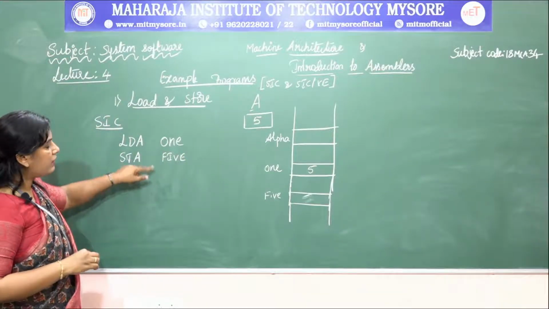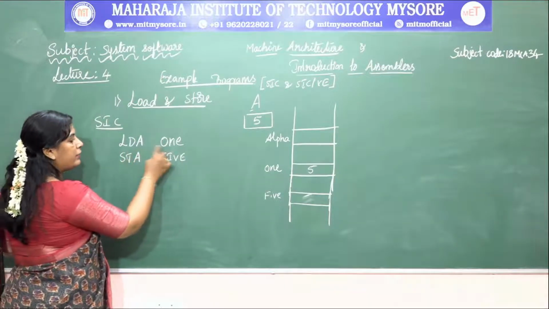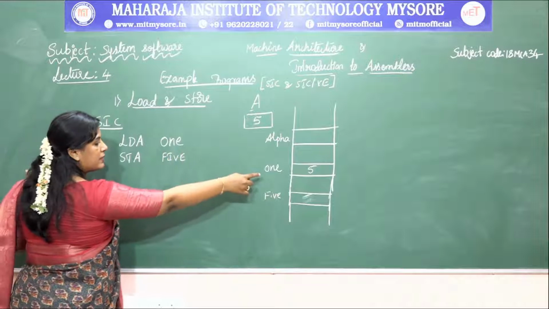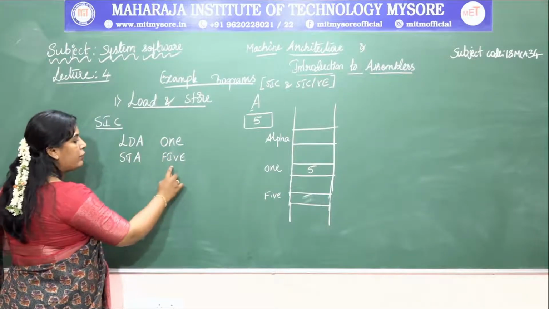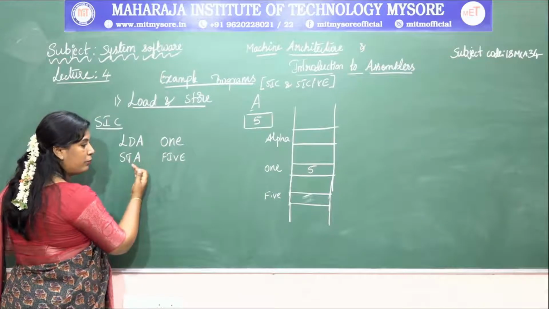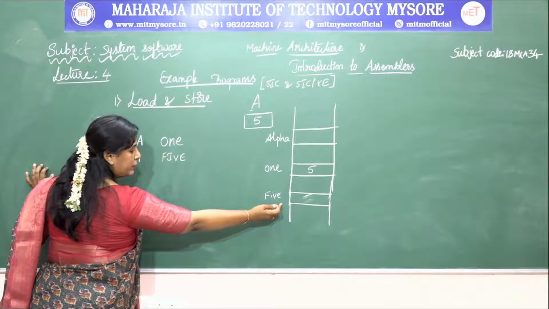In this way we can write it. Load the accumulator with the value present in memory location 1, then store the accumulator to move the data from the accumulator to memory location 5.